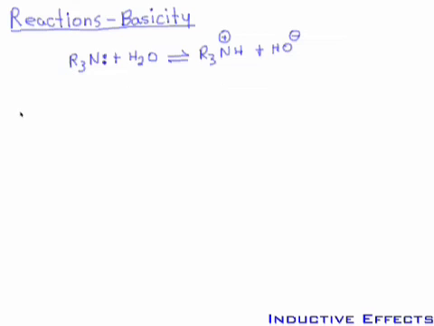One of the predominant factors is inductive effects, including, under this section, both electron donation, electron releasing inductive effects, and electron withdrawing effects caused by electronegative groups.